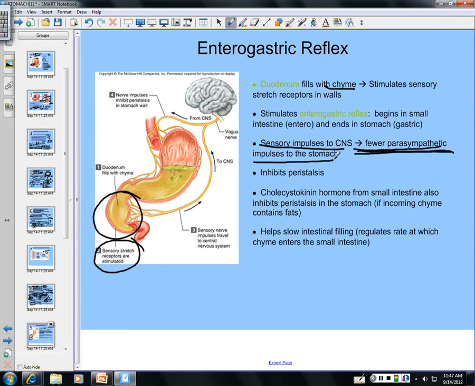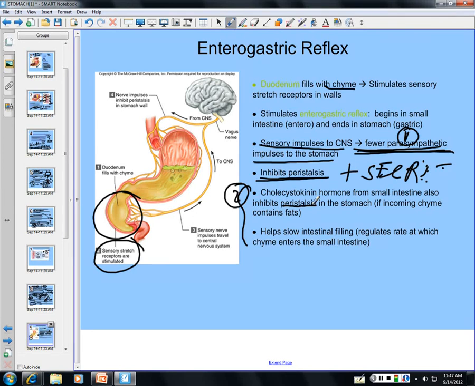So now both motility and secretion will stop. Peristalsis stops, and secretion of gastric juices stops. Not only is there a break in parasympathetic impulses, but these two hormones, remember, cholecystokinin and somatostatin, will inhibit peristalsis and gastric juice secretion. We talked about that before, yes?